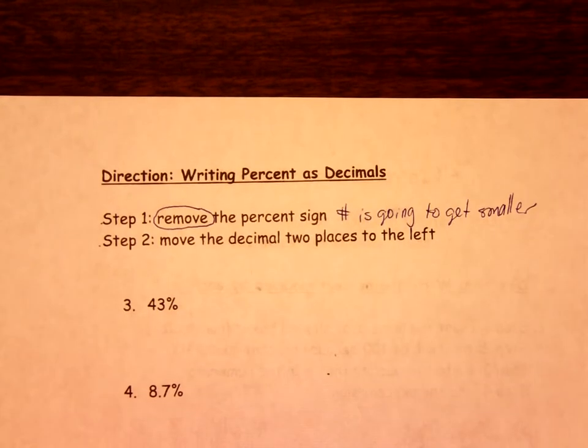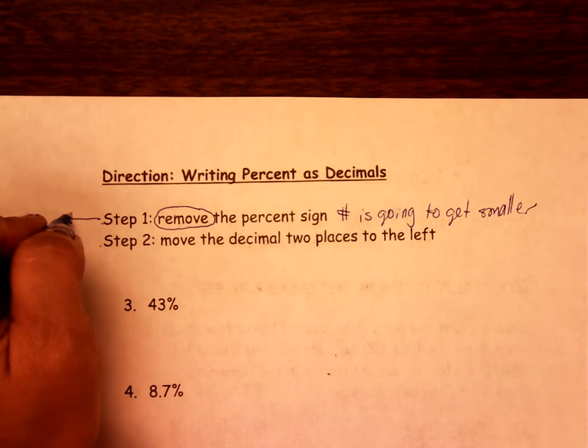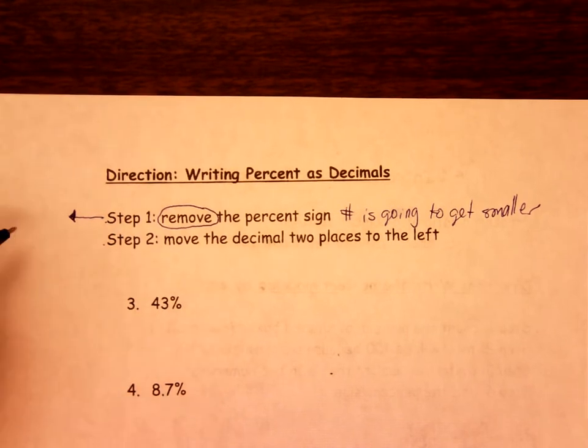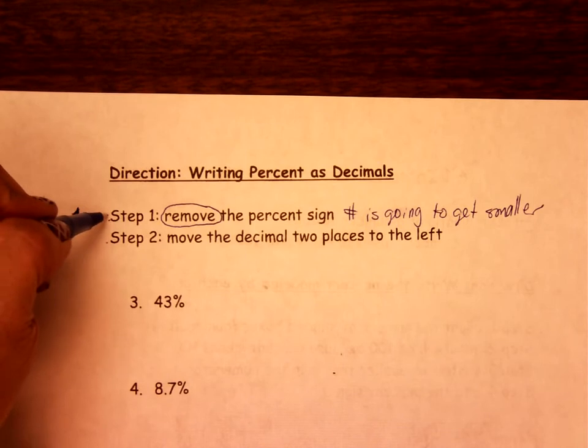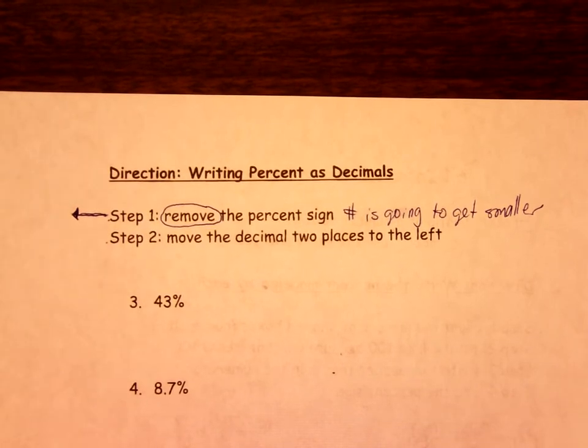Anytime the number is going to get smaller, the decimal is going to be moving to the left. Think about your number line. Any number on the number line, if you go towards the left, the numbers are getting smaller.